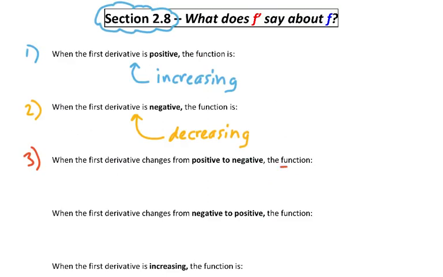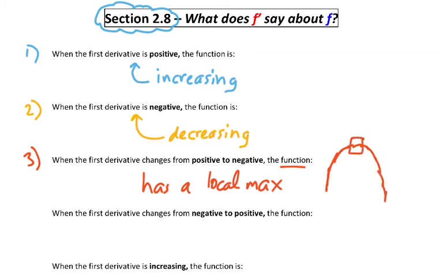That means your function has a local max. Okay, and I think of that parabola, I think of that downwards parabola, I think of a graph with a very positive slope going to a very negative slope. In order to change from a positive to a negative slope, you have to pass over a bump where the derivative is equal to 0. And in fact, if you're going from positive to negative, you must be passing over a local max.